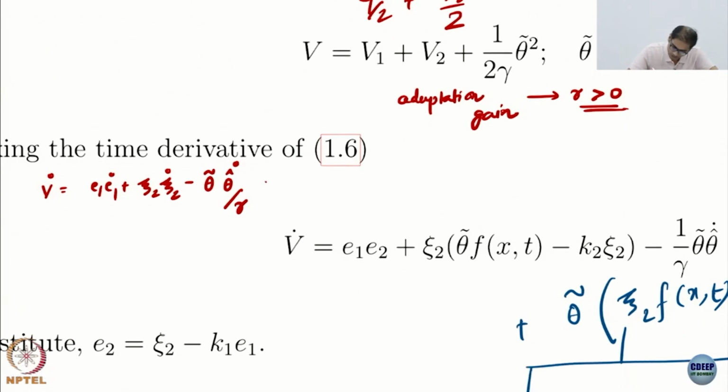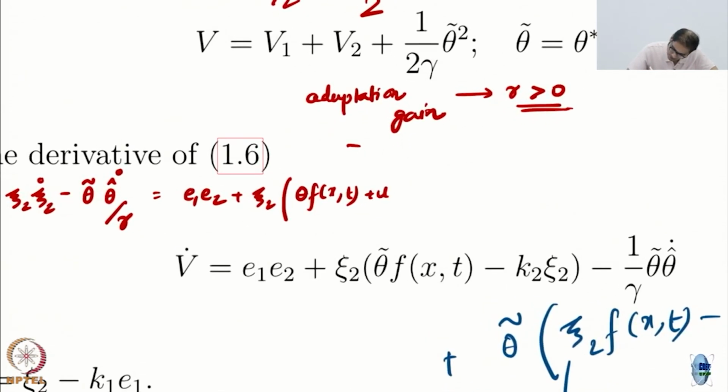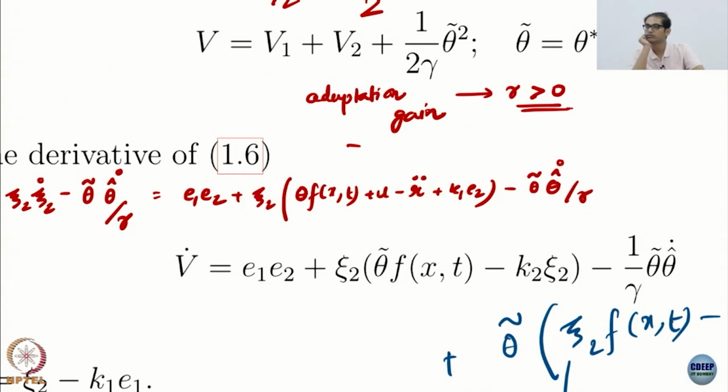Now I am going to write the terms. This is e1 dot, which is e1 e2 just like before, plus psi 2 dot. Psi 2 dot was theta times f(x,t) plus u minus r double dot, and I keep the last term as it is. Now, what did I choose my control as?